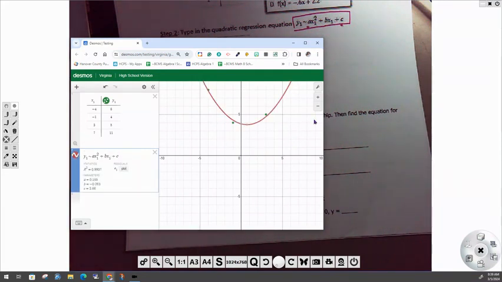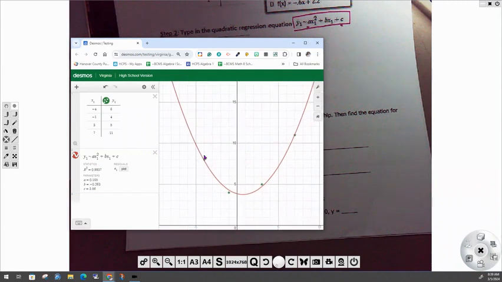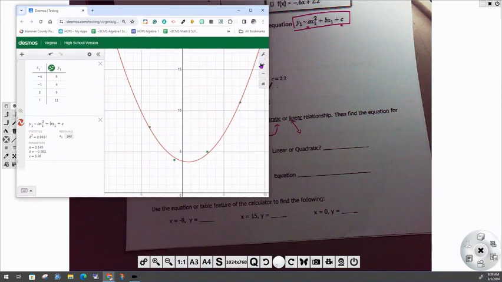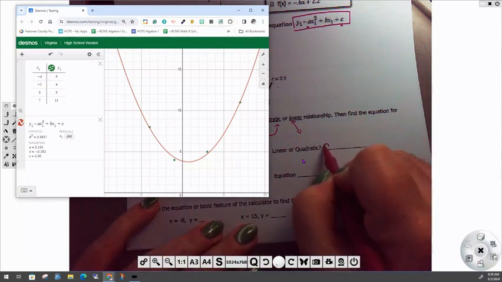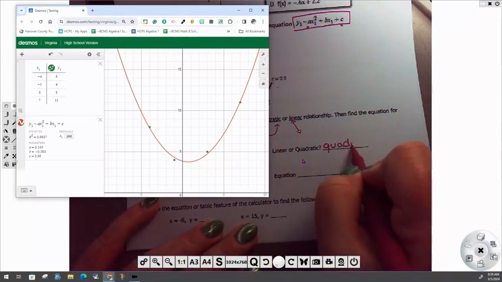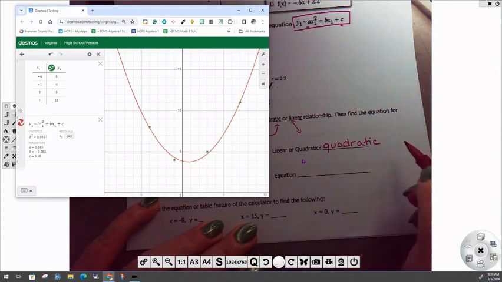Now notice a couple things. Notice you can see my green data points. There's all 4 of them. 1, 2, 3, 4. They're creating that curve. Okay, so we can say that, is my data linear or quadratic? It is quadratic, and I can determine my equation by using my data points.